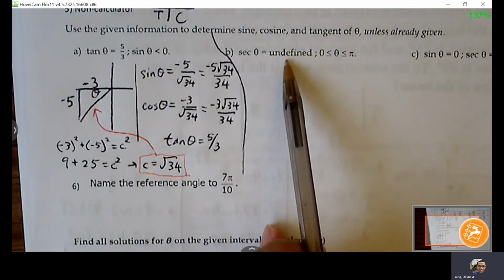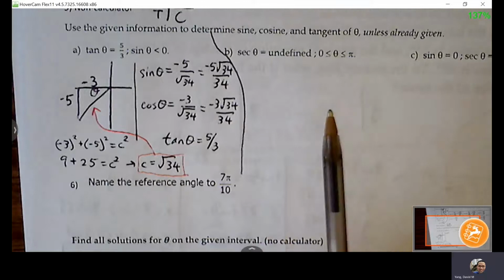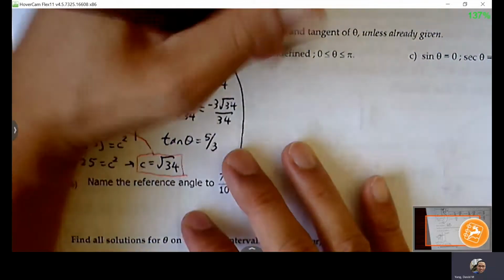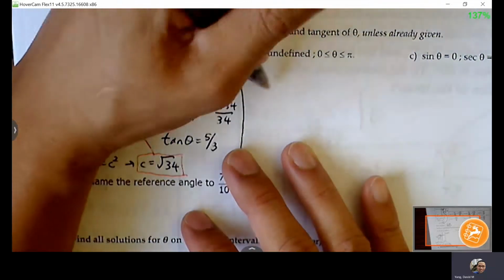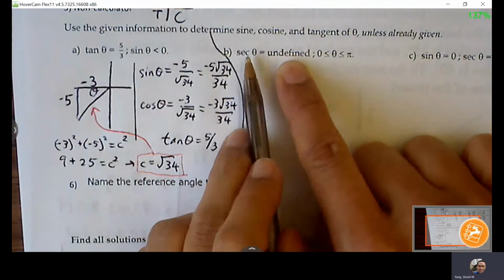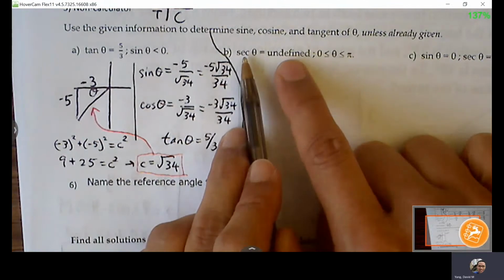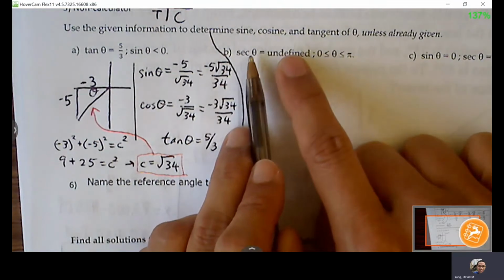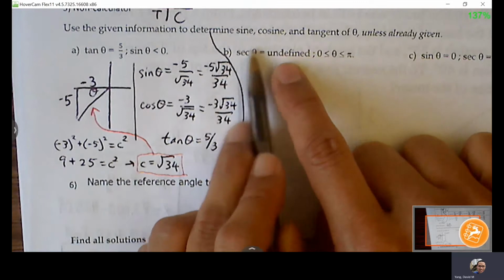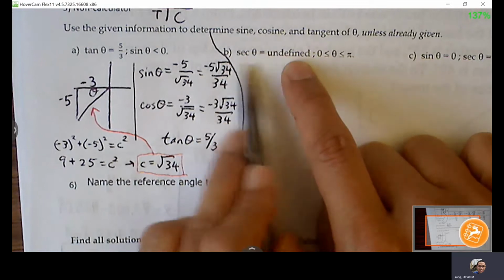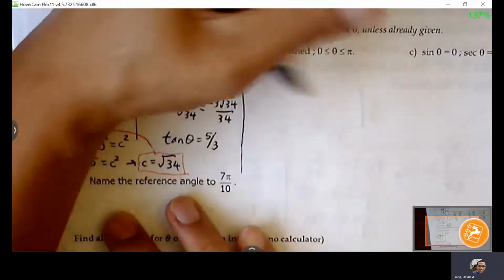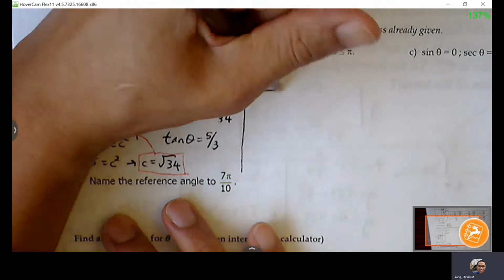Any place where there's a 0, that's the only place that we could potentially have undefined if we were to flip that 0. Secant is related to cosine, and cosine is the x value. So wherever cosine is 0 is where secant is going to have its trouble. So that's going to be along the y-axis, right?